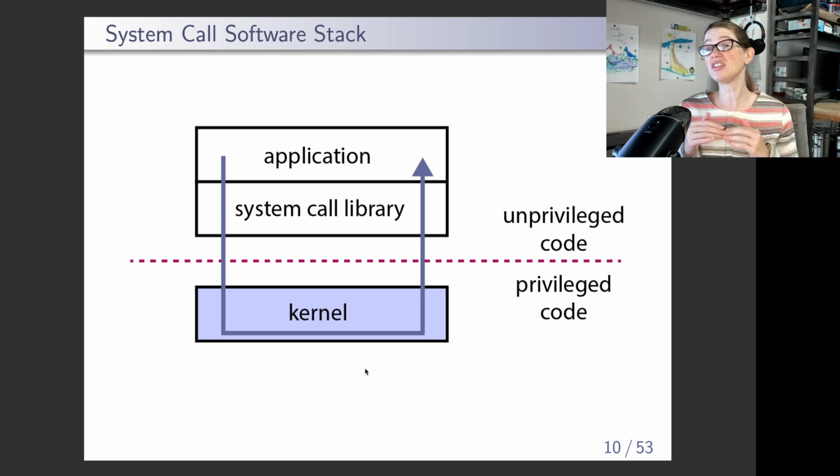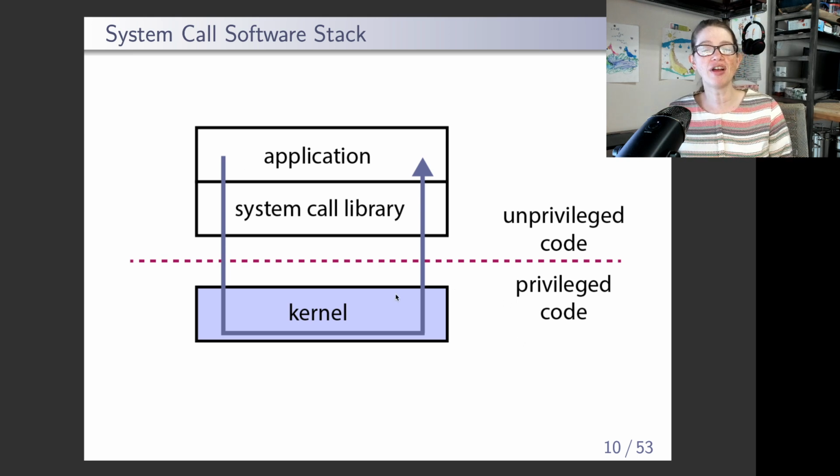This is actually a distinction that's made in the CPU itself. Your CPU has different modes, and what these modes are doing is restricting what kinds of instructions and memory addresses you can access depending on the mode you are in.